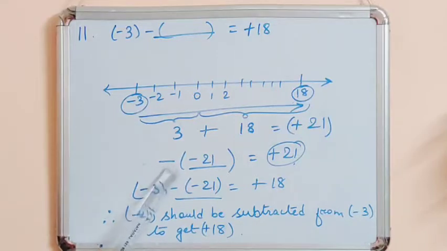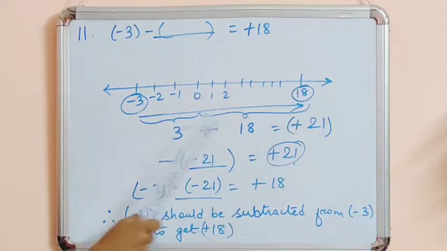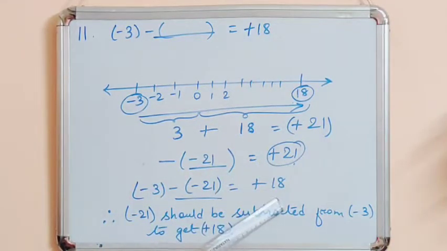So here we will be writing minus of minus 21, because minus of minus 21 is equal to plus 21. So minus 3 minus of minus 21 is equal to plus 18, because minus and minus 21 will become plus 21. Only then we can say minus 3 plus 21 is equal to 18. So therefore minus 21 should be subtracted from minus 3 to get plus 18.